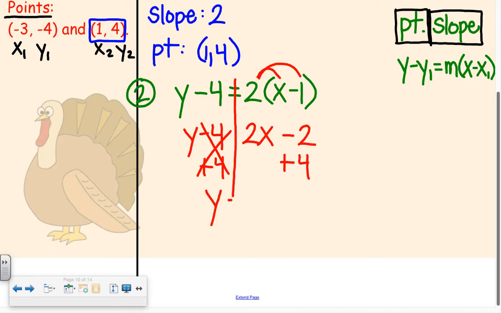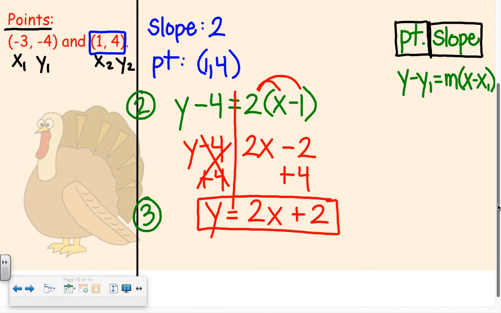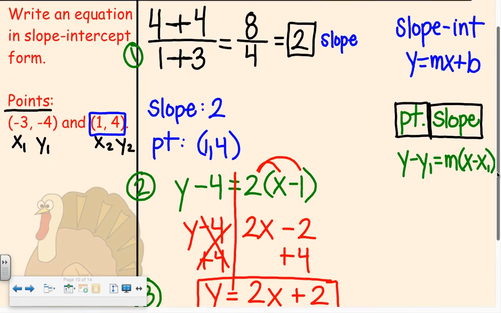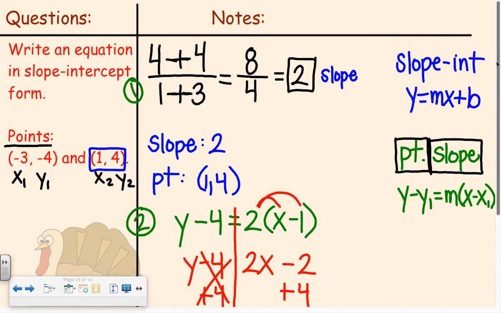So y equals 2x plus 2. So that right there is my slope-intercept equation, which is the third and final thing that I needed to do to get to my answer. So y equals 2x plus 2 is my answer.